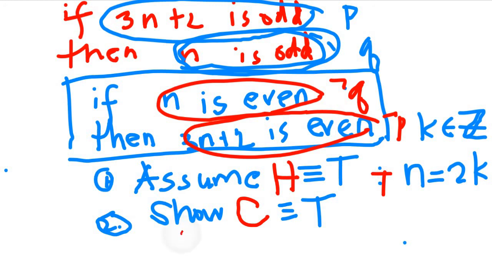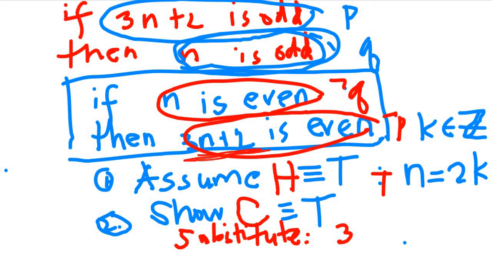So if we're going to substitute, substitute the assumption into the second statement. So 3 times twice of k plus 2.